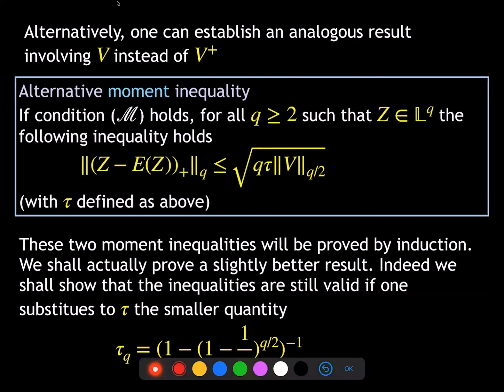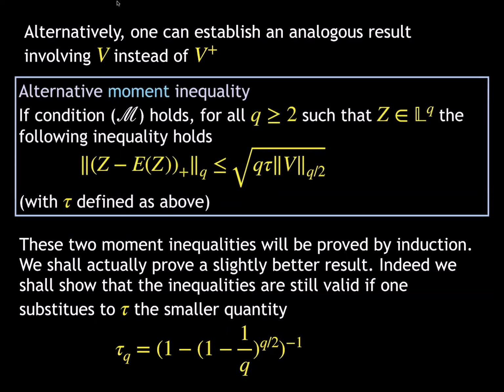As a matter of fact, we shall prove a slightly better result than this one. Since we shall use induction, if you have a stronger result to put in the machine, sometimes it's easier to use the induction argument.